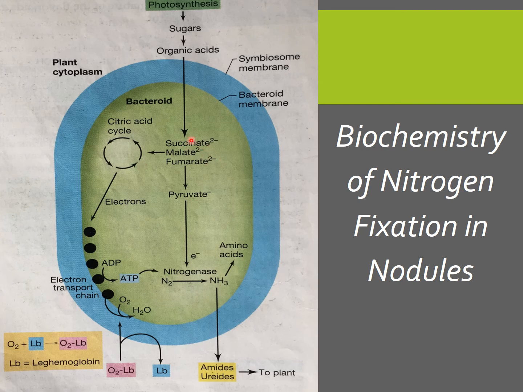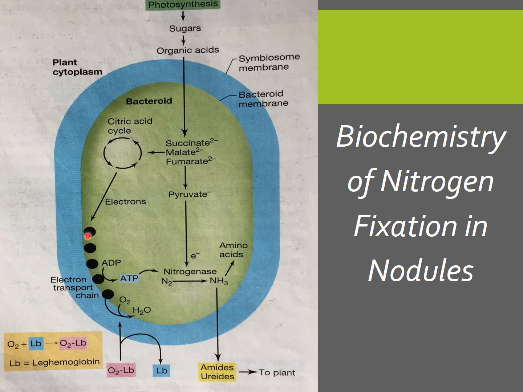These organic acids provided by the plant, once they are transported across the symbiosome membrane, if they enter the Krebs cycle, from the Krebs cycle we have release of NADH2 and FADH2, basically reducing equivalents. These reducing equivalents are now going to enter the electron transport chain. So the NADH2 molecules and FADH2 molecules will provide electrons to the electron transport chain which is present on the bacteroid membrane.